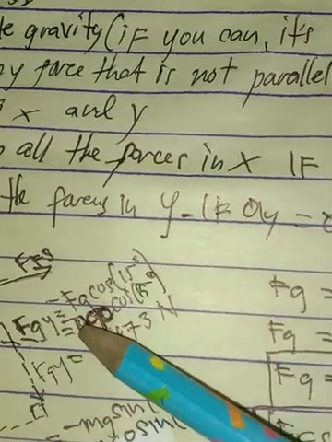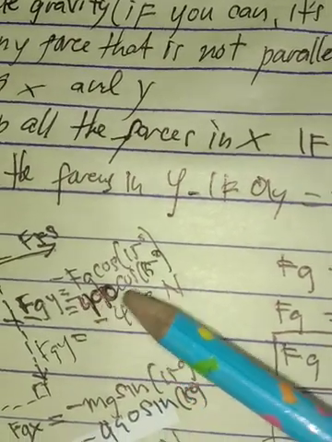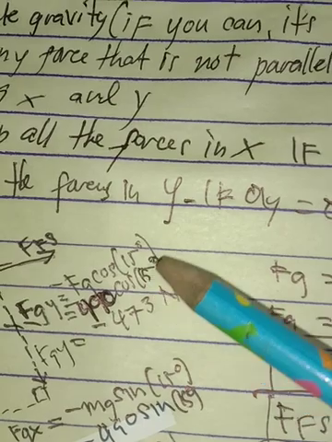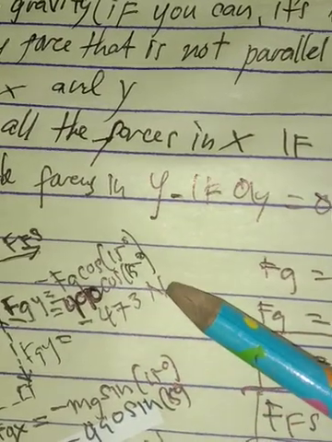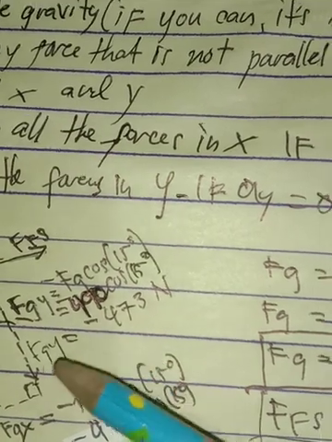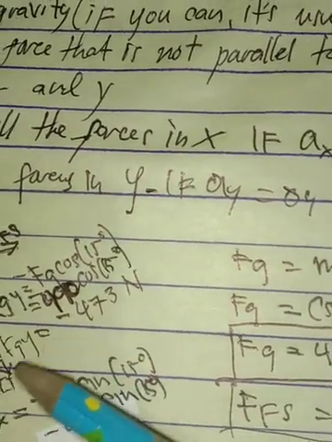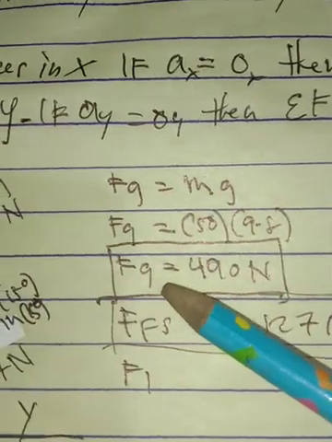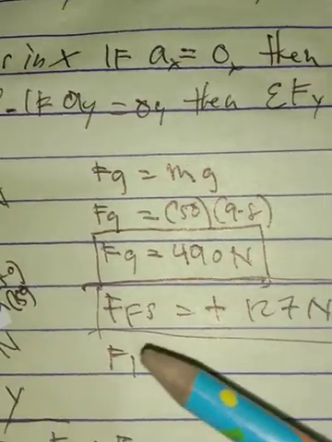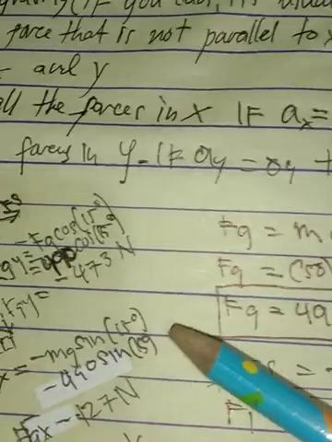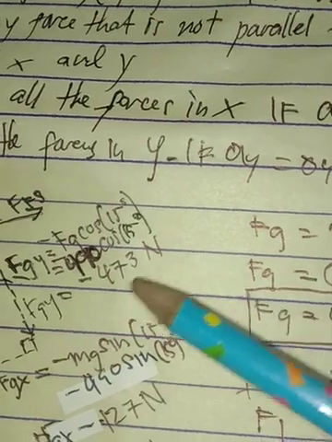Writing the value of Fg, negative 490 cosine 15 equals negative 473 Newton. That is the value of our Fgy, the force gravity in the y-axis, 473.